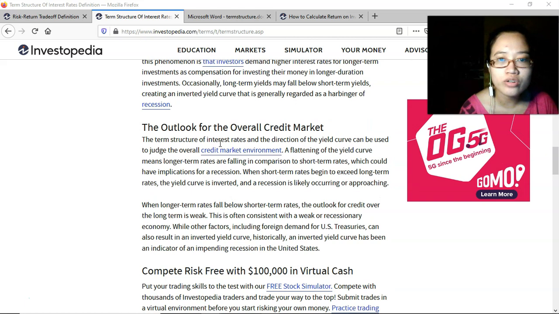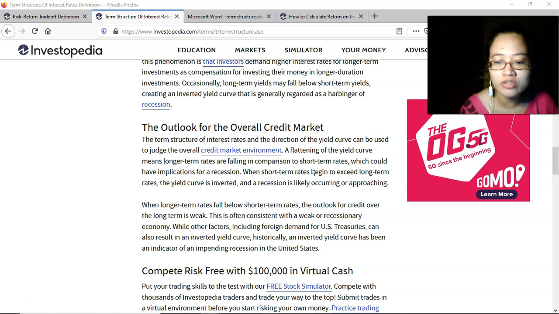The term structure of interest rates and the direction of the yield curve can be used to judge the overall credit market environment, whether it's expansionary or recessionary. A flattening of the yield curve means longer-term rates are falling in comparison to short-term rates, because there should be a distance between the yields of short-term and long-term rates.